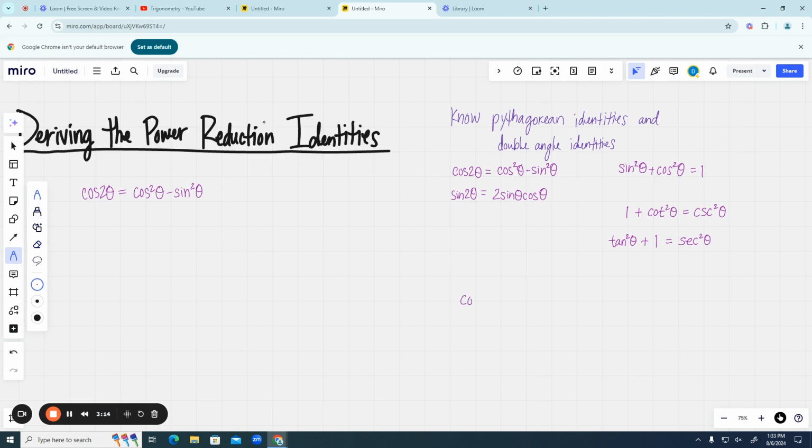So then we have an expression for cosine squared theta, and I can write that in here like this. If we combine these together, I'll have 1 minus sine squared theta minus sine squared theta, which is 1 minus 2 sine squared theta.